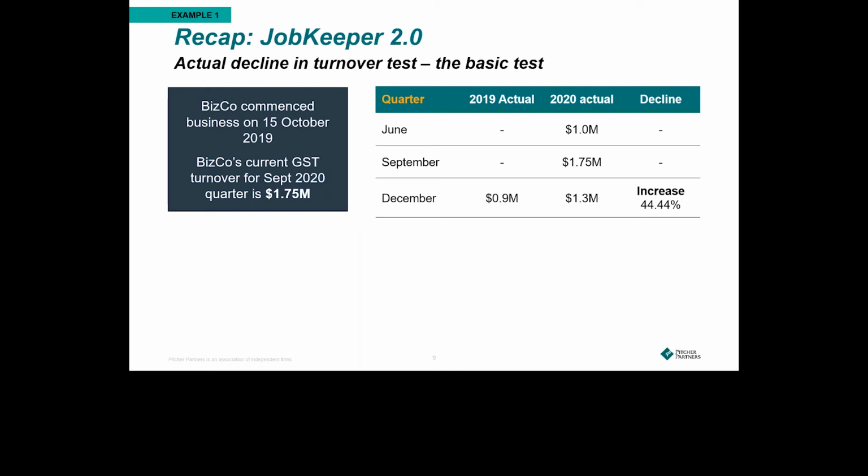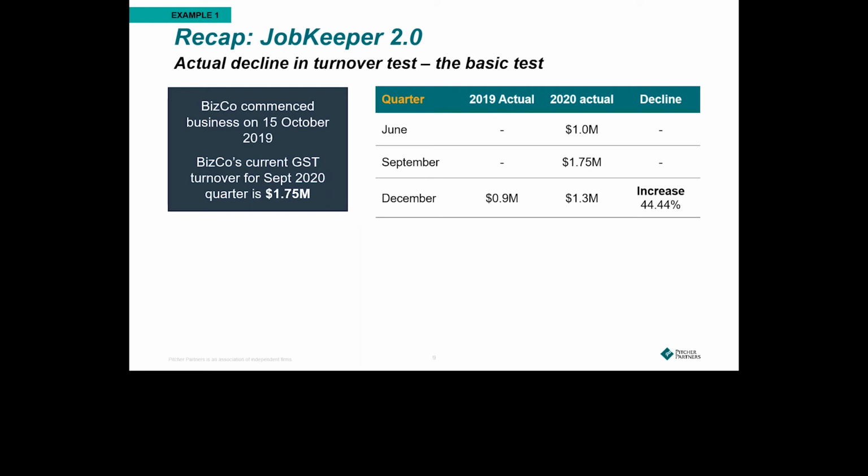Straight up, you'll see, because it started business on 15th of October, it obviously doesn't have any turnover for the comparison period, being 30 September 2019. So it's impossible for it to test the decline in turnover for September 2020. It just doesn't have a comparison period.